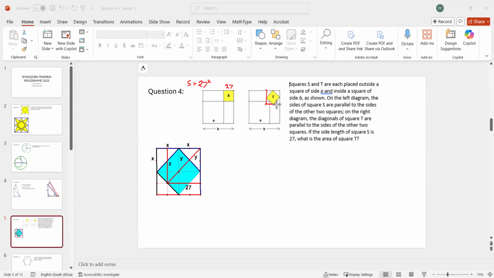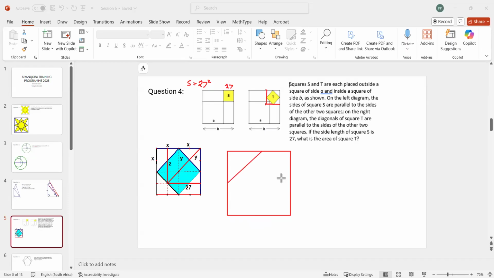If I do this, okay, so I've got the midpoint here, midpoint here. So what happens here is you got this is my T here. You can see all these are equal.